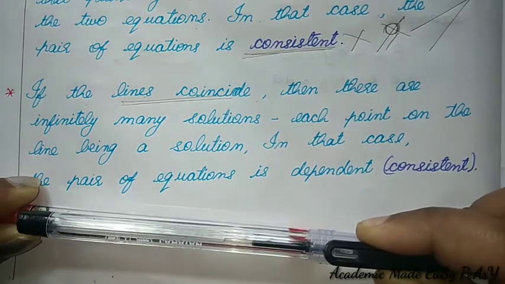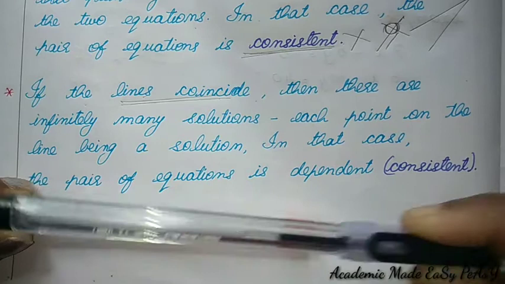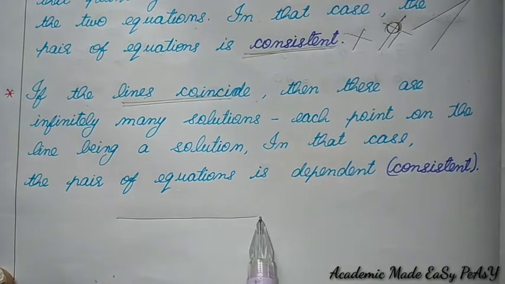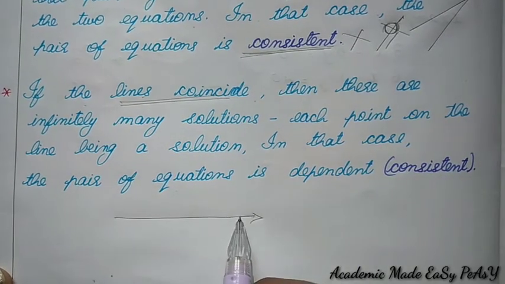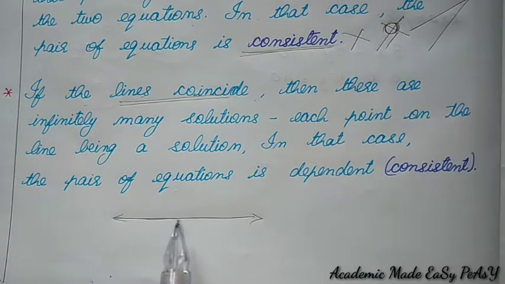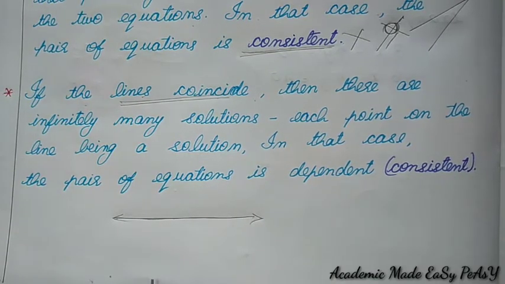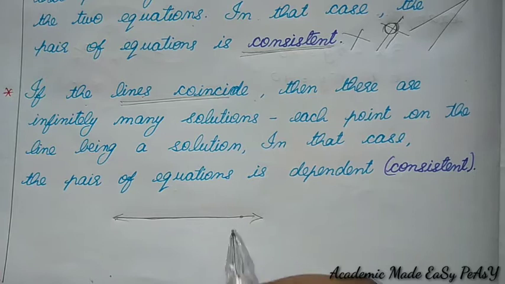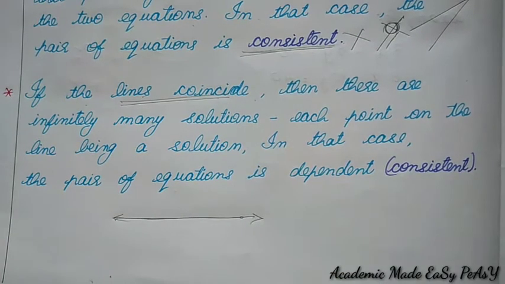If we have it like this, then we say that they have infinitely many solutions. Then each and every point through which the line is passing is a solution for the given equation.